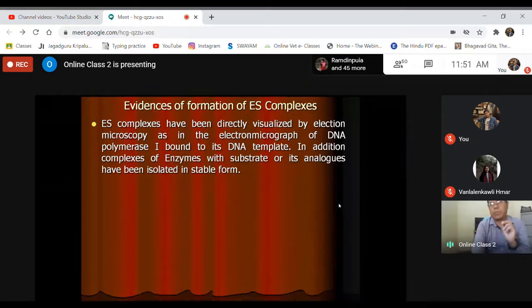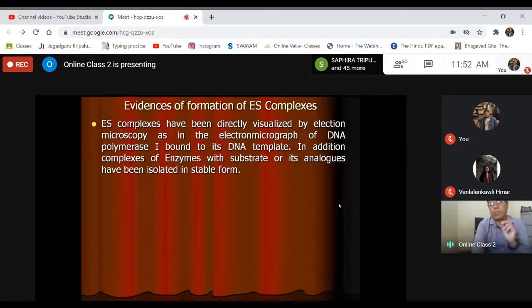DNA polymerase I is an enzyme involved in DNA synthesis, and the complex of this enzyme with the DNA has been visualized by electron microscopy. So that means the enzyme-substrate complex is formed. In addition, complexes of enzymes with the substrate or its analogs have also been isolated in a stable form.